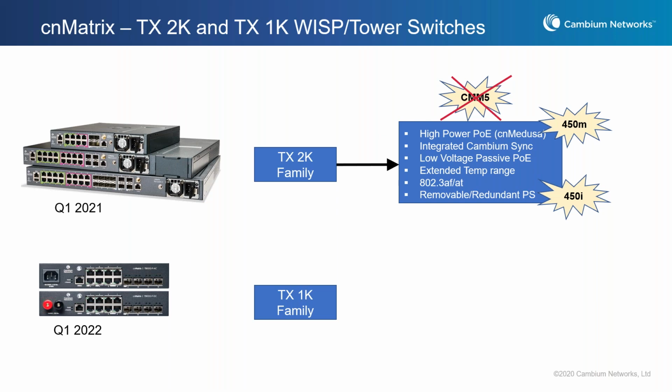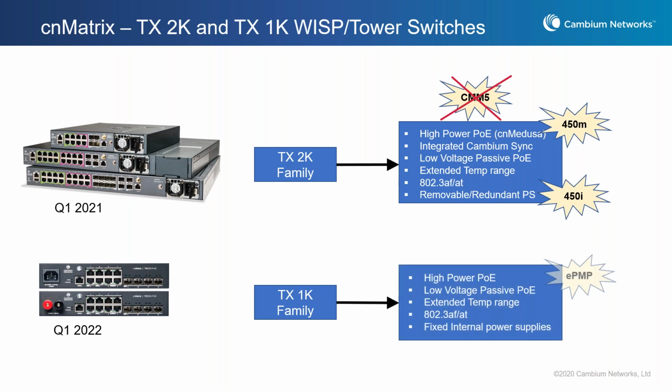Also the 450i, a very popular radio that matches well with the TX2K as well. On the TX1K, perfect fit for the ePMP portfolio from Cambium. So a nice fit there as well.